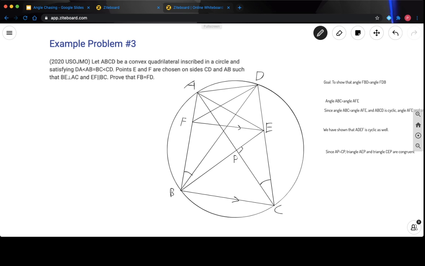Because we have that EA is equal to EC, because these two triangles are congruent. So since triangle EAC is isosceles, angle EAC and ECA must be congruent. So this angle is congruent to them as well.